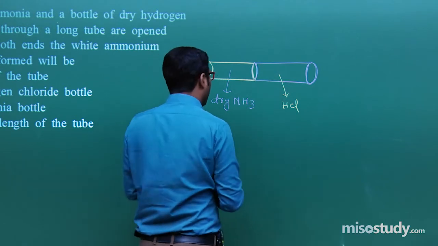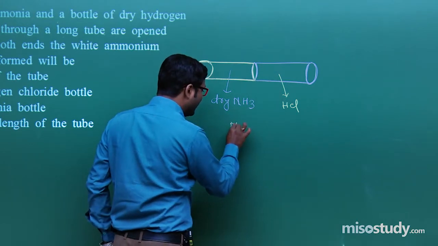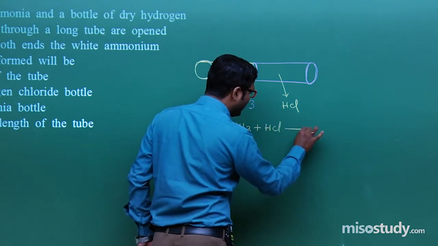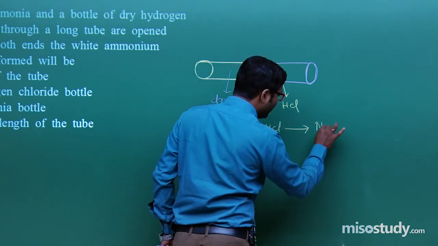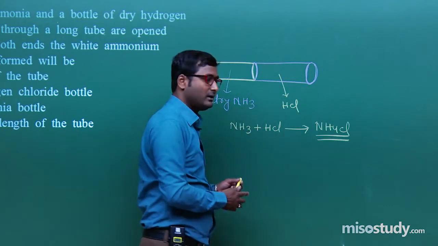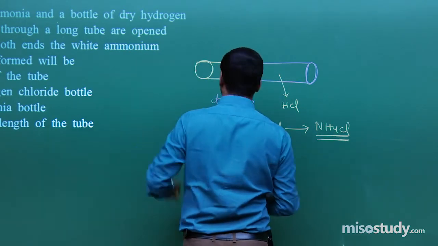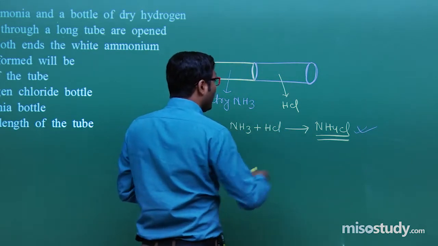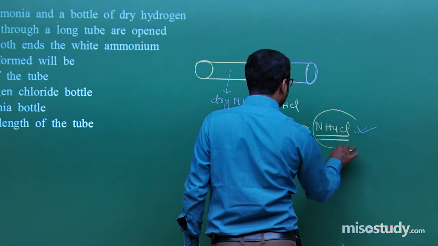Clear, friend? Now as we know, when NH3 and HCl come in contact, then what will happen? Their reaction takes place and there is a formation of NH4Cl. This is a salt. According to the question, that is the white ammonium chloride ring. Clear to you? Now in which place will white ammonium chloride form first?